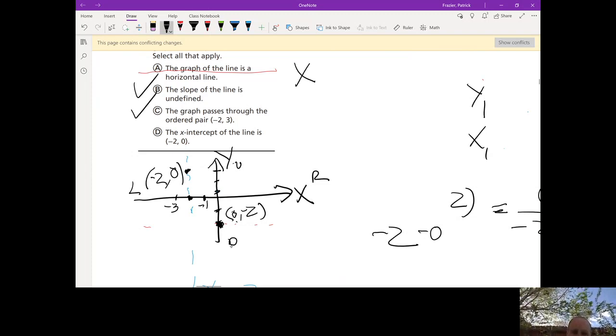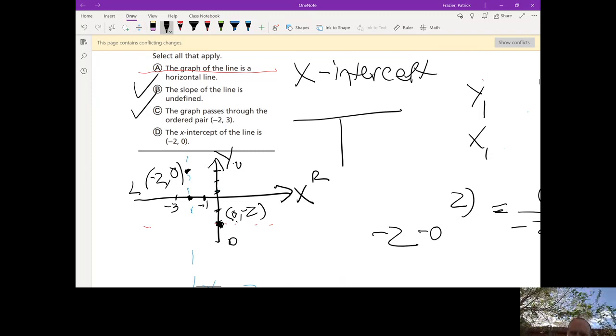Well, remember that an x-intercept is where we have our x as input and y as output. And we say that when x is equal to 0, what does y equal?